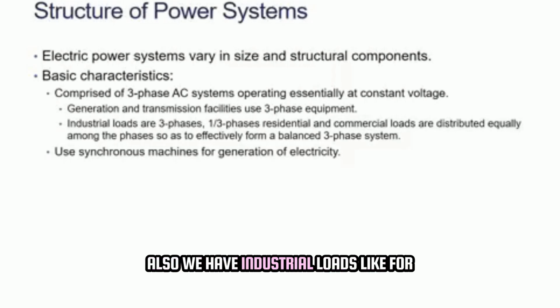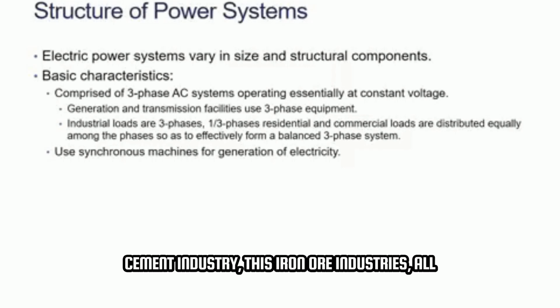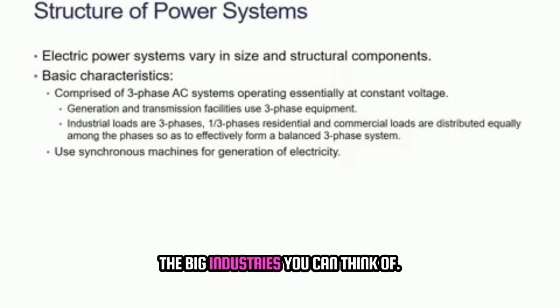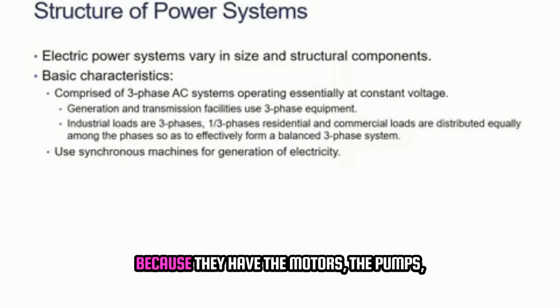We also have big industrial loads like the car manufacturing industry, cement industry, iron ore industries, all the big industries you can think of. These industrial loads are always three phase, because the motors, pumps and heaters they use all take three phase power.